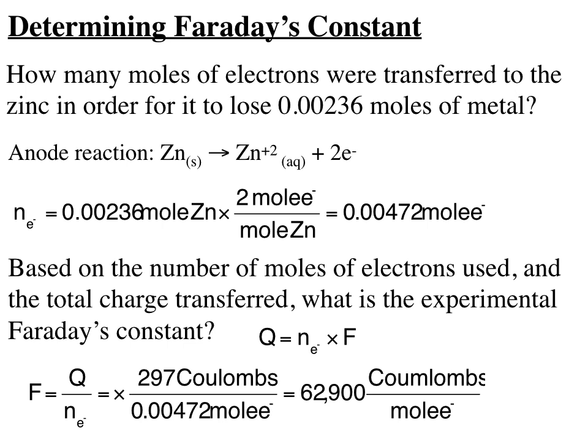Now that I have found that during that 297 coulombs delivered, there was also, based on the loss of mass of the zinc, 0.00472 moles of electrons delivered, I divide those coulombs by those moles, and I would find my value of Faraday's constant from this experiment at 62,900 coulombs per mole.